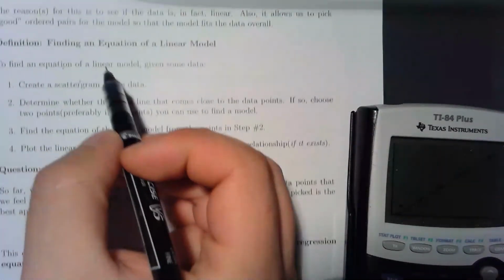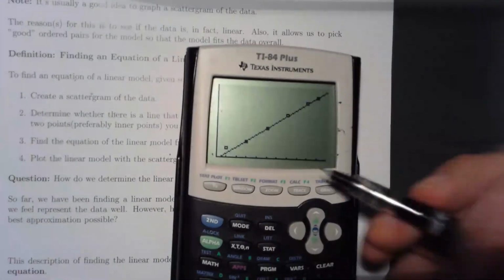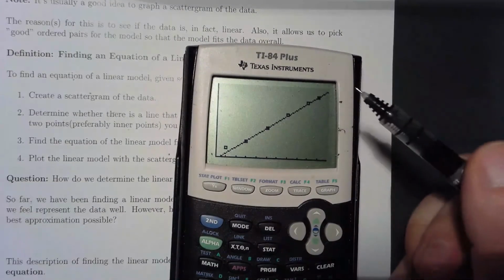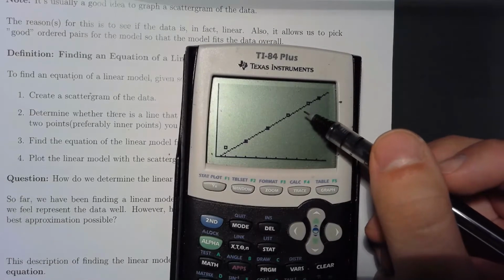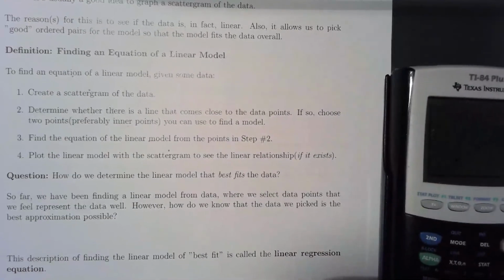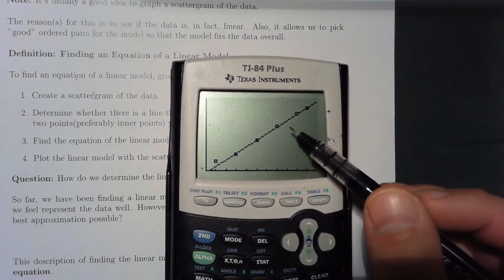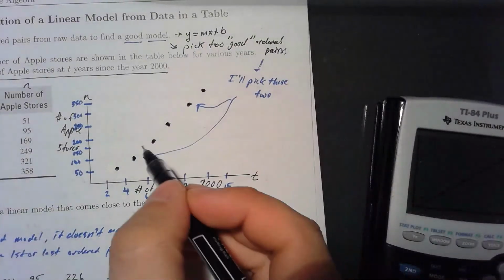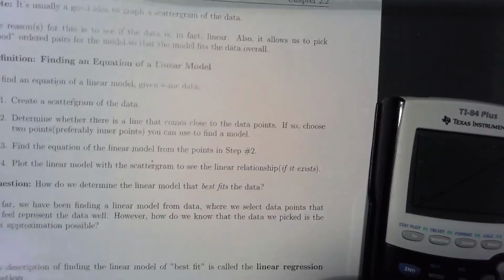It allows us to pick two good ordered pairs so that the model fits the data overall. By looking at this, we could say, yeah, the second and fifth one looks pretty good, or the third and the fifth one looks pretty good too. That's why it's always good to look at the calculator scatter plot, because that is drawn to scale, whereas something drawn by hand isn't. I'm just doing this for reference.